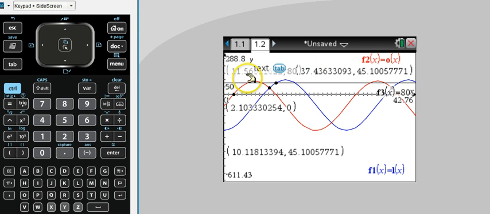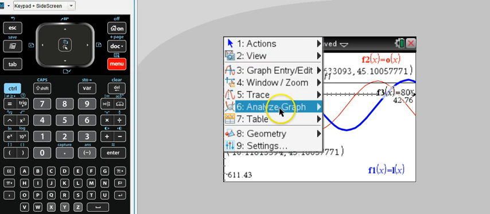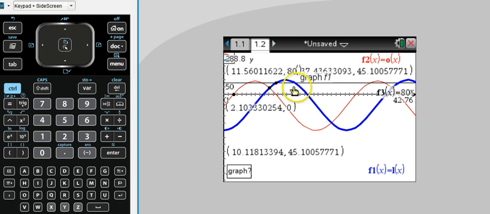So it's 11.5. Find the other intersection point between graph 1 and graph 3, and just bring it over here so I can read it, 15.75. So we will need to find the difference between the 15.75 and the 11.56.